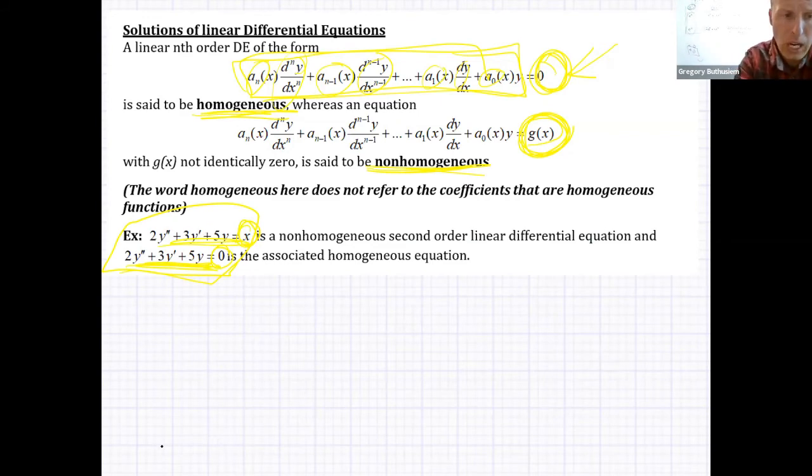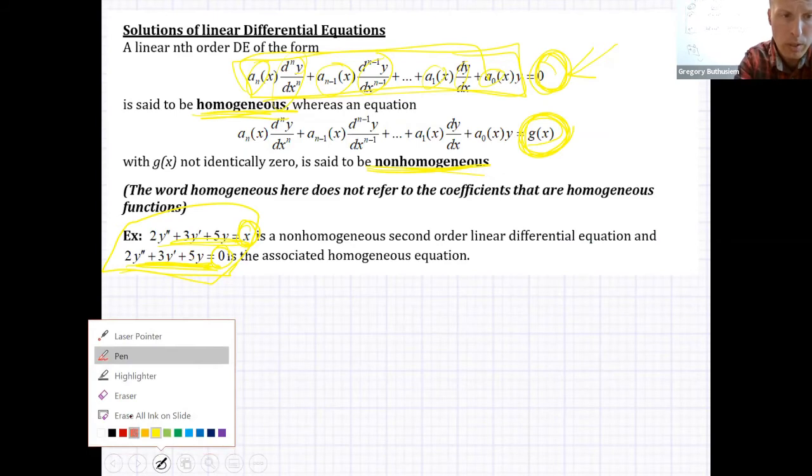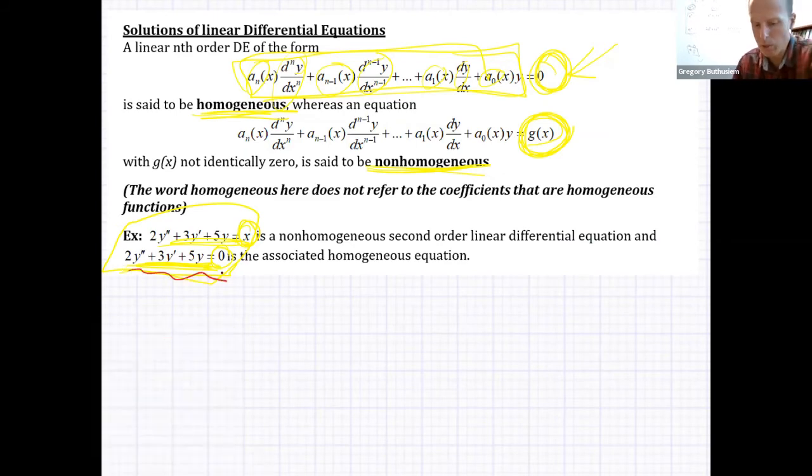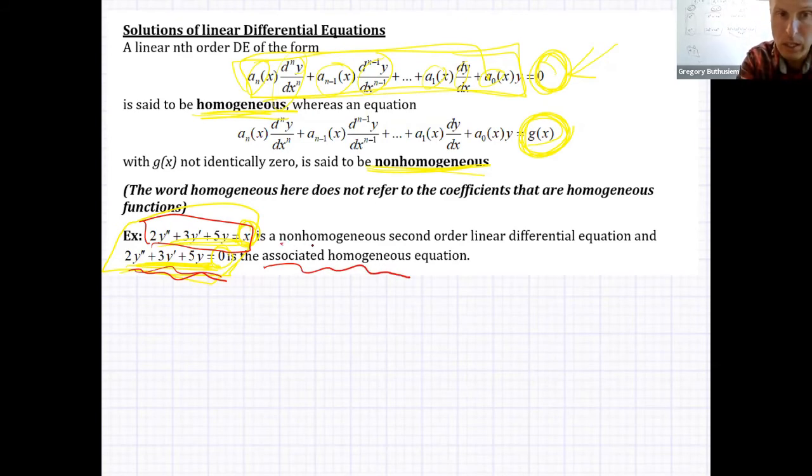We will first solve the homogeneous one, and then we're going to use the solutions of that to solve the non-homogeneous one. So that's why we call this the associated homogeneous to the non-homogeneous differential equation.